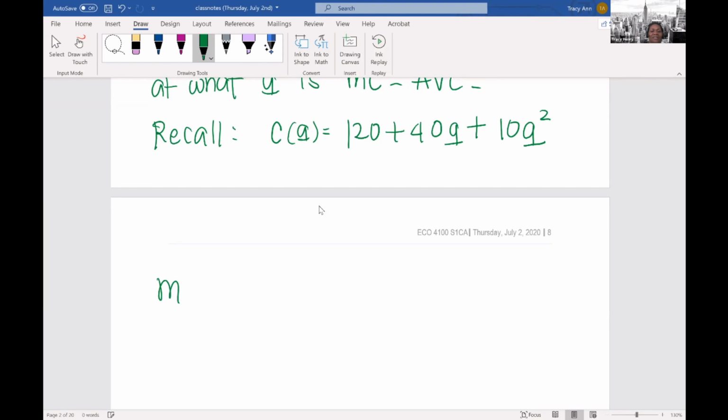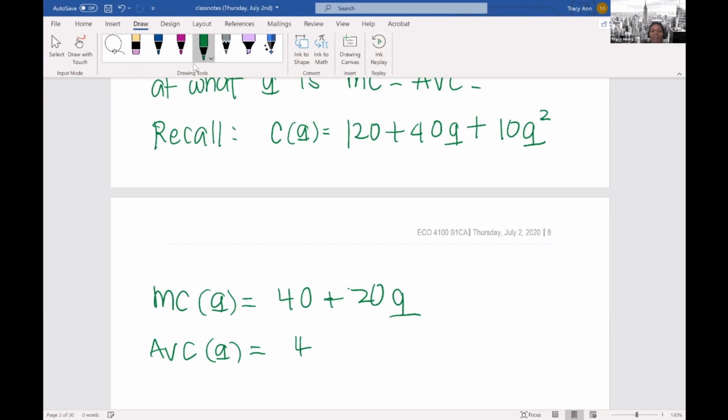So my marginal cost, and remember this is marginal cost as a function of quantity, is equal to 40 plus 20Q, and my average variable cost is equal to 40 plus 10Q. As some of you are staring at this and saying, okay, what is she going to say now?